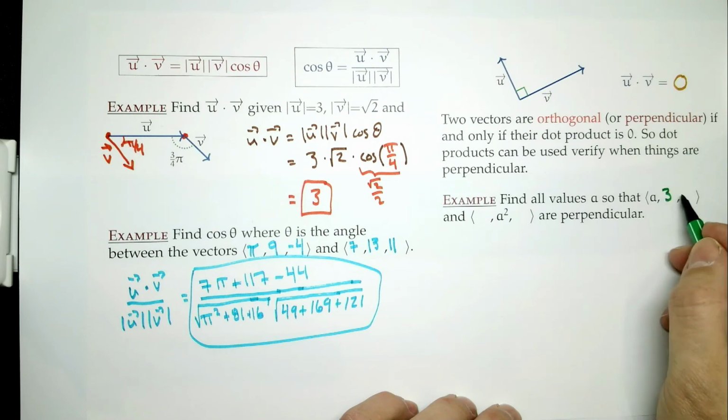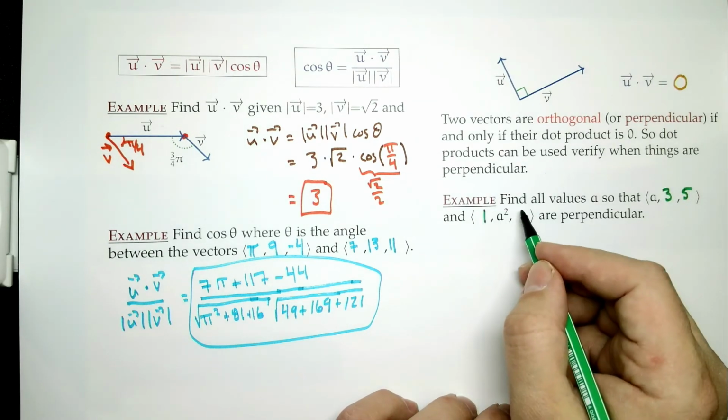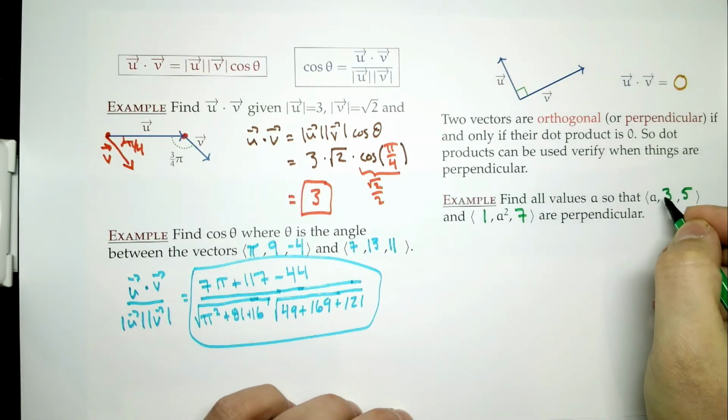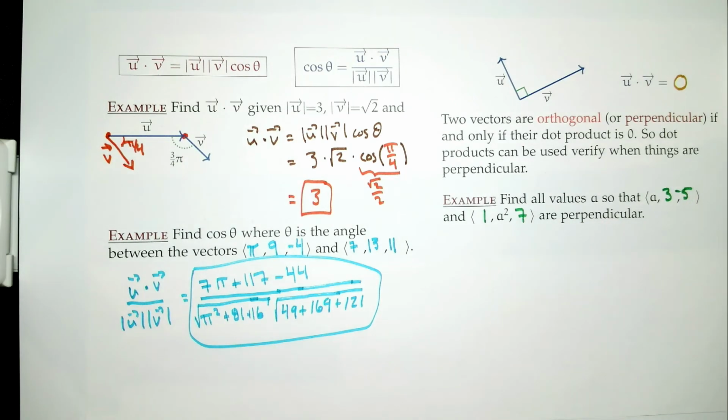So I have some vectors, and I want to ask, when are they perpendicular? And now I'm really nervous that maybe they're never perpendicular, so I'm going to make this a -5. Okay, good. Now I know that they're going to be perpendicular at some point. All right, guaranteed. Okay, so what do we do?